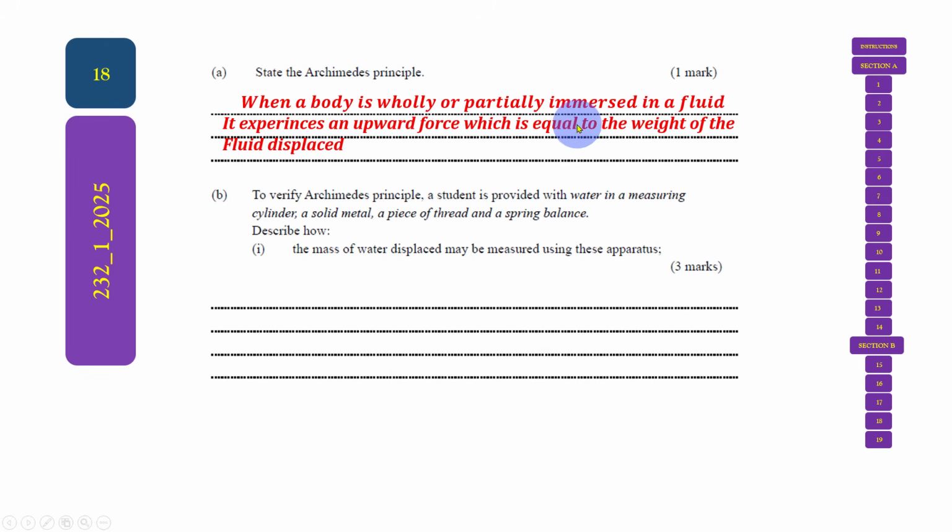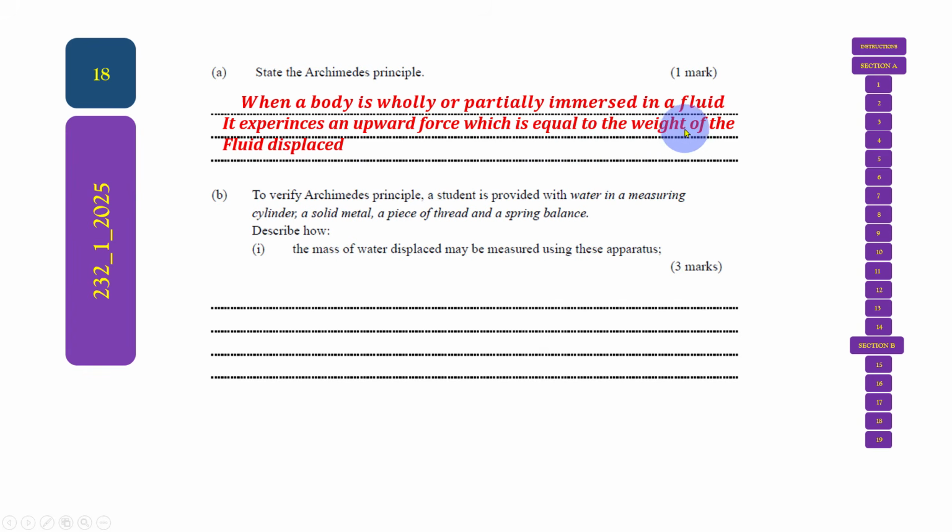What are the mistakes that students make when they are stating Archimedes' principle? Other than confusing fluids with liquids or water or any other term here, it should always be fluid. They also make this other mistake. They say it is equal to the mass of the fluid displaced. It's equal to the volume of the fluid displaced.